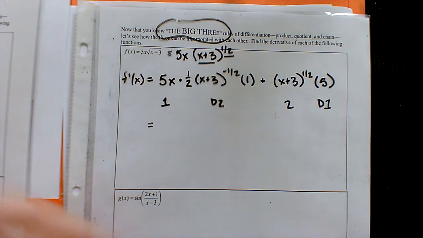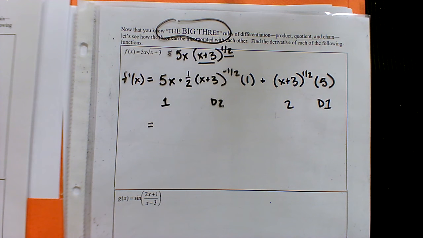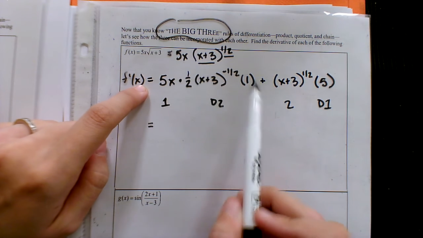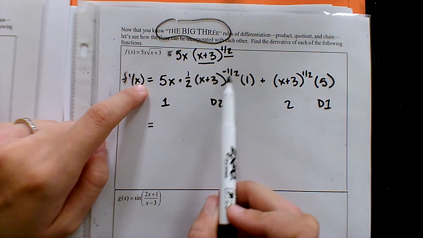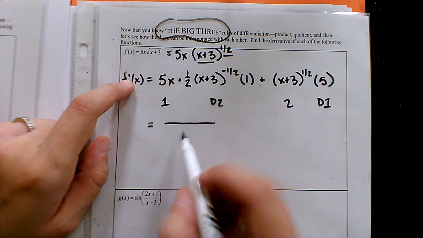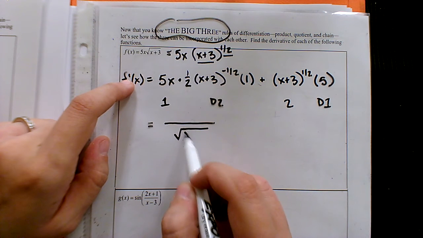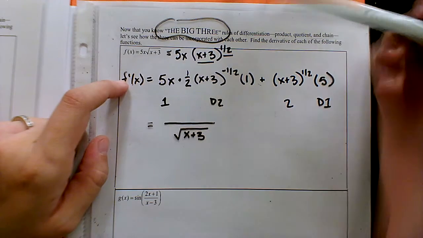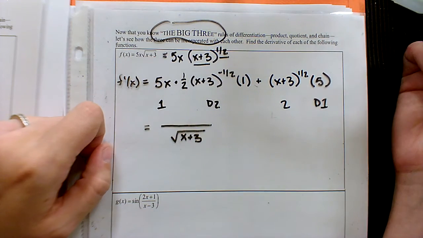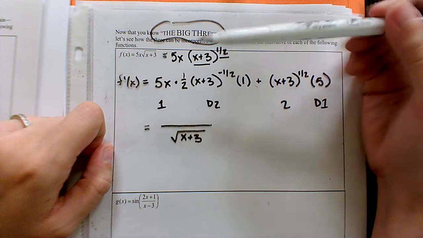We're going to practice cleaning it up, making it a little bit more eye appealing. If you look at the first term before the parentheses, notice how we do have a negative power. So we could move that to the bottom, and maybe you want to make it a square root again. The x plus 3 to the 1/2 we can move to the bottom. Where can this 5x go?